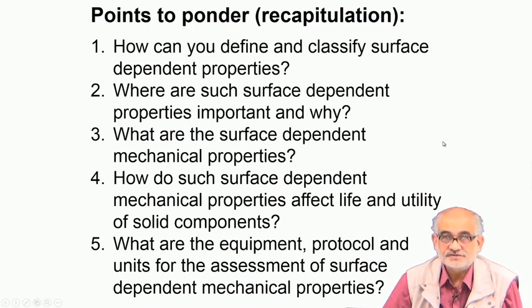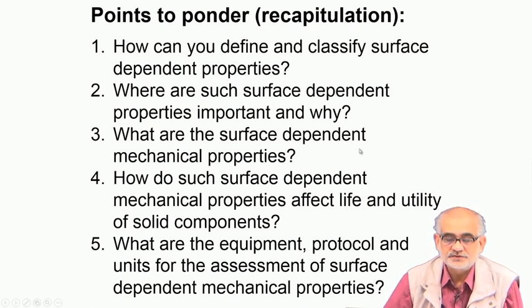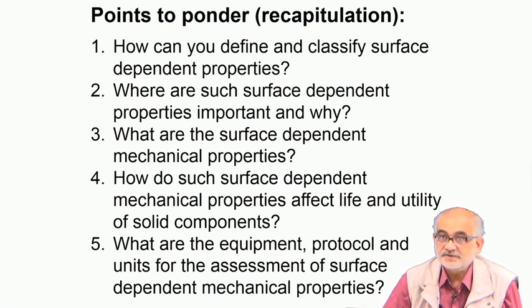I tried to give you several examples as to why surface dependent properties are very important for various aspects of design, life assessment, synthesis or fabrication of components, and so on. And when you talk of hardness or friction or wear and so on, I explained that these are essentially surface dependent mechanical properties, because all these properties are essentially response to stimulation which is mechanical in nature.